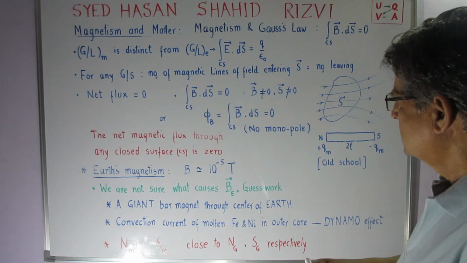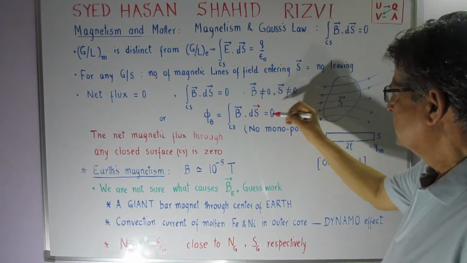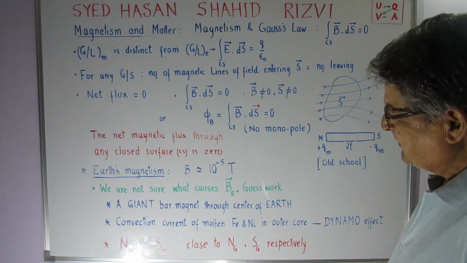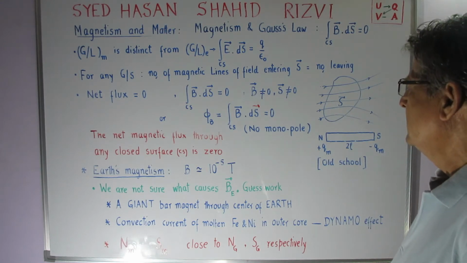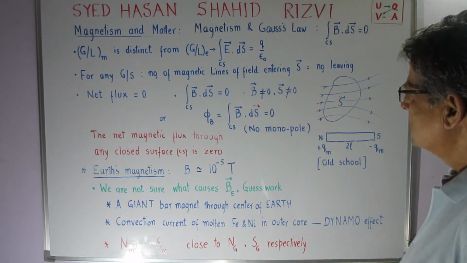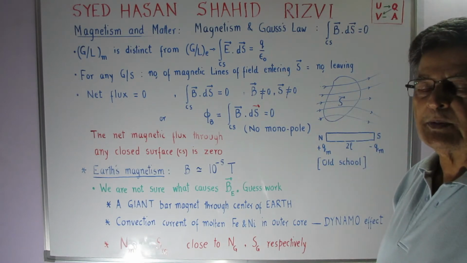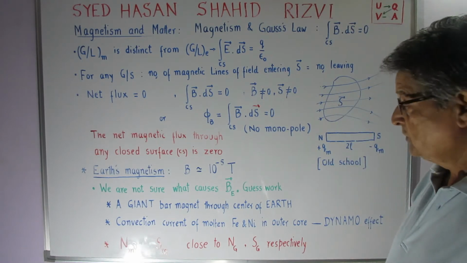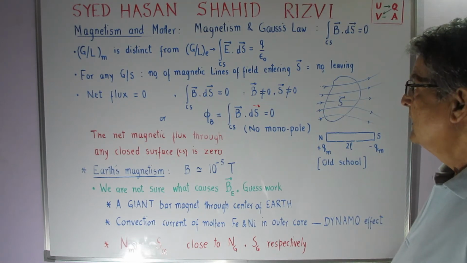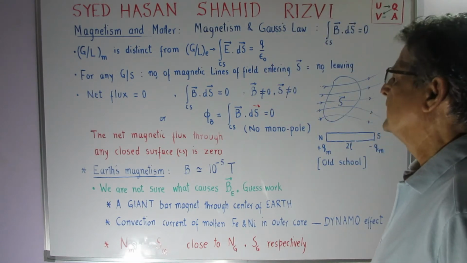So I can write that the flux phi B, the integral of B dot dS, is equal to 0 for a closed surface. What it implies is that, unlike the electric case where it is q upon epsilon naught because there is a charge enclosed, which could be positive or negative, a closed surface can contain a positive charge and a negative charge.